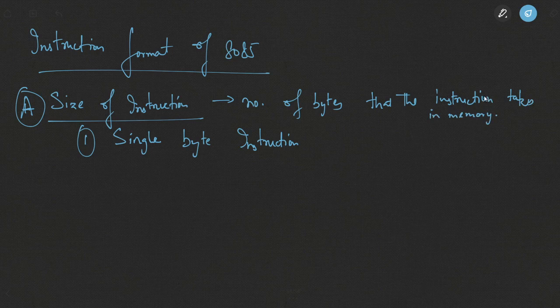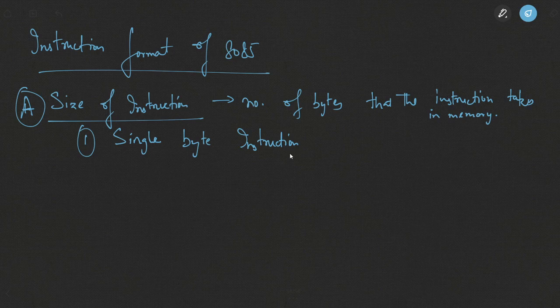The memory that's interfaced with the 8085, how many bytes of it will the instruction occupy, accordingly we'll be able to decide the size of the instruction, and this will be useful for us to execute programs. We will be able to decide exactly where to provide the data bytes while any program is being executed.